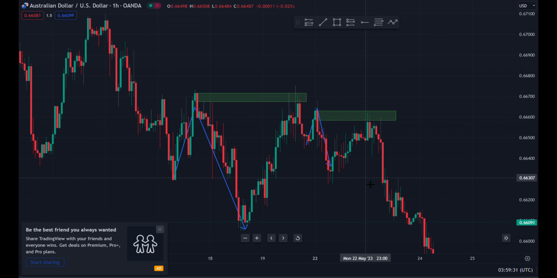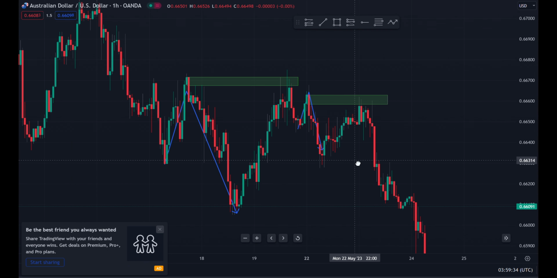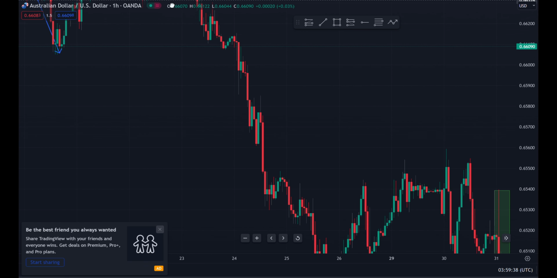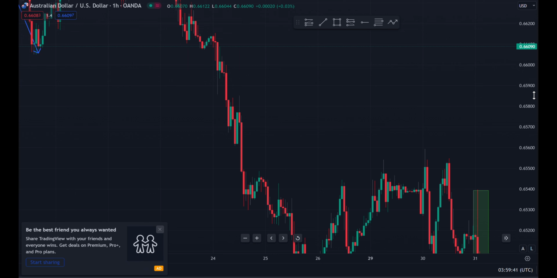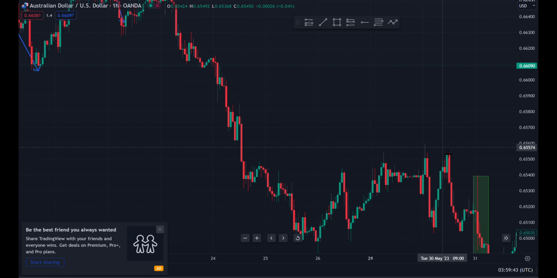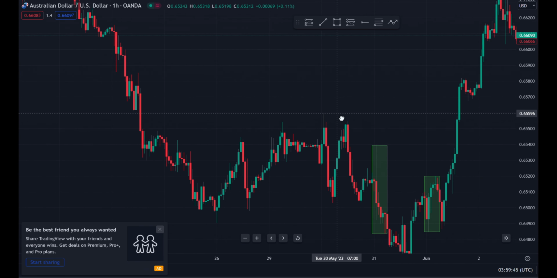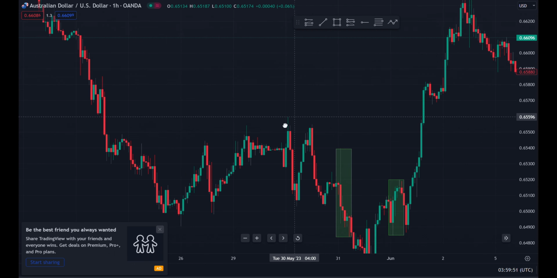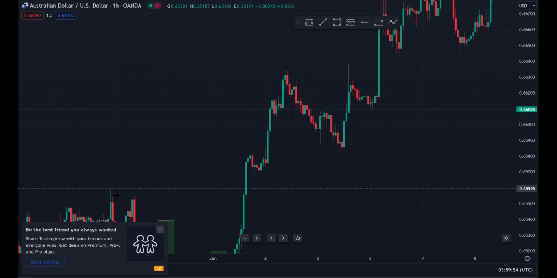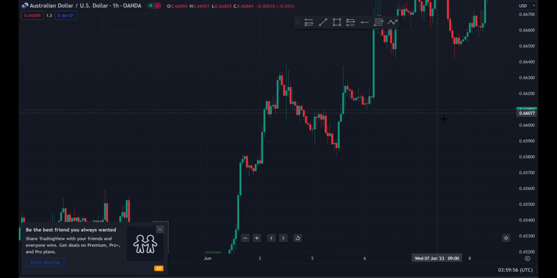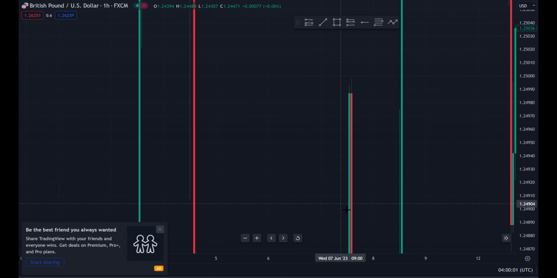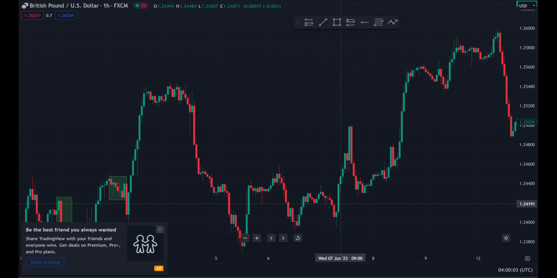So without wasting time, let's move on to other setups, and our third setup, so that you can understand this very well. Then we move on to others, the drop base rally, but first finish this rally base drop. Let's move on to other currencies so they can understand this.